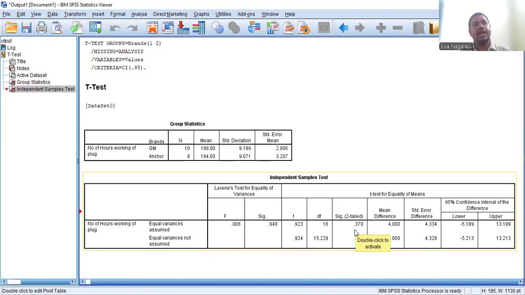Therefore, we accept the null hypothesis. Then it says what? There is no significant difference between the number of hours of working of a plug before it reaches the spark.